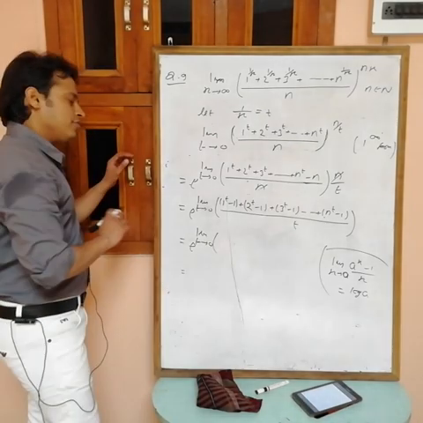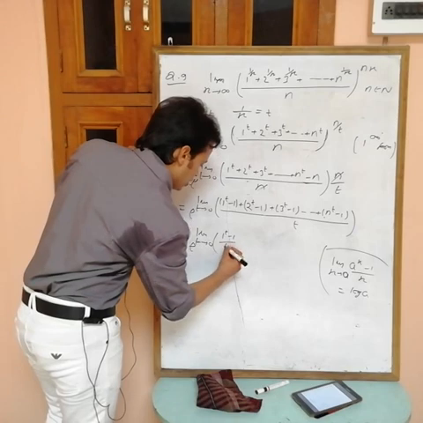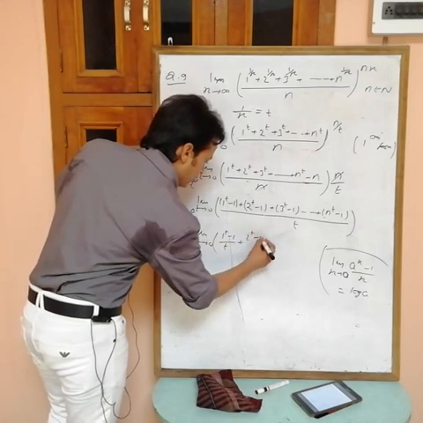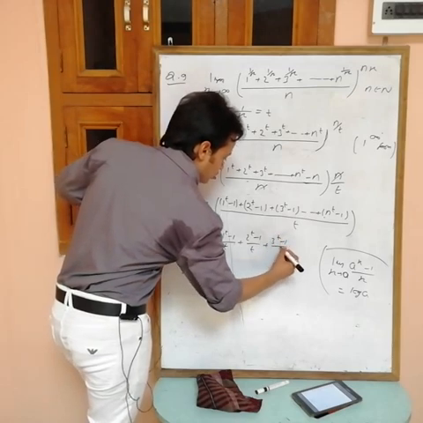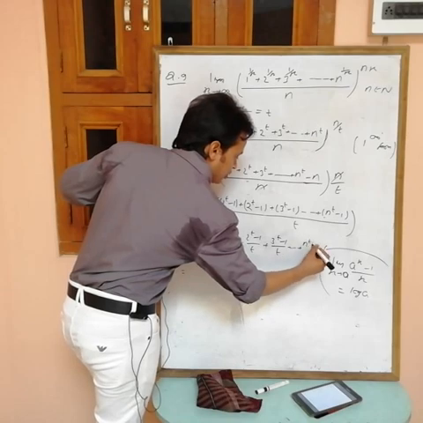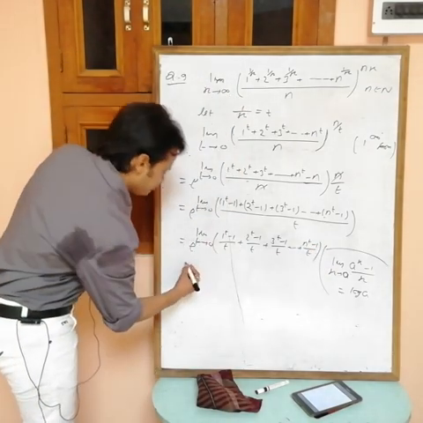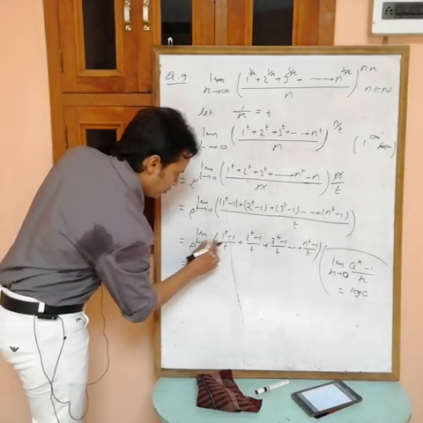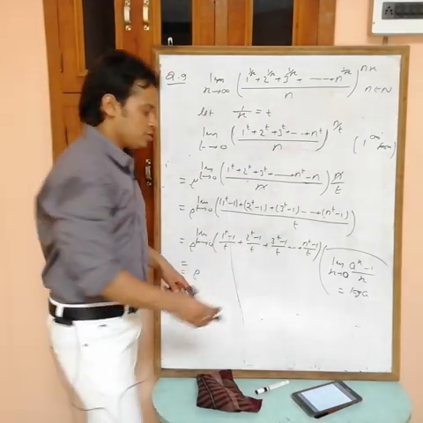Okay, write down. See, (1 power t minus 1) by t plus (2 power t minus 1) by t, (3 power t minus 1) by t, and (n power t minus 1) by t. All are standard limits now. e power limit of this one, limit t tending to 0, this is 0, not a.